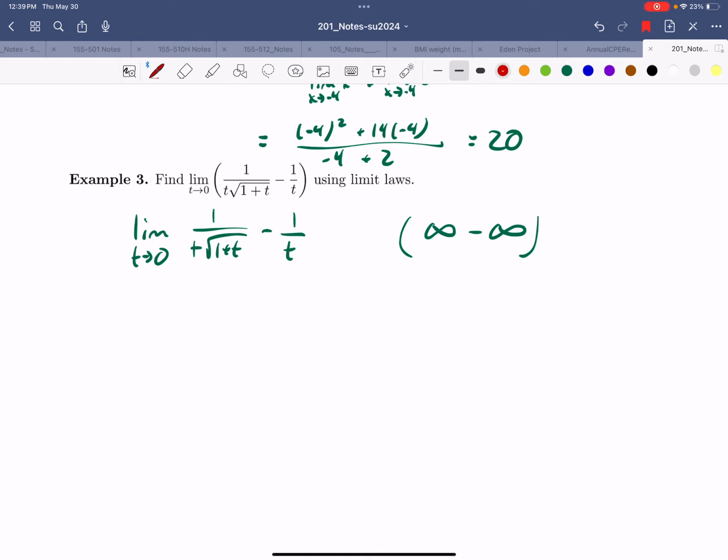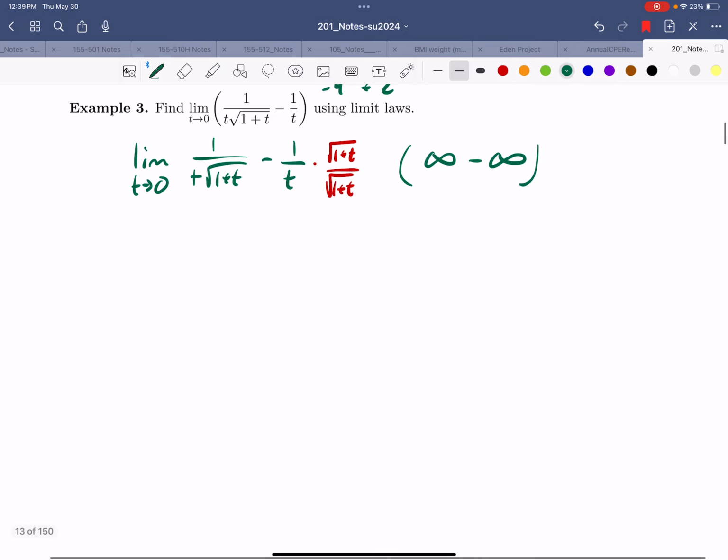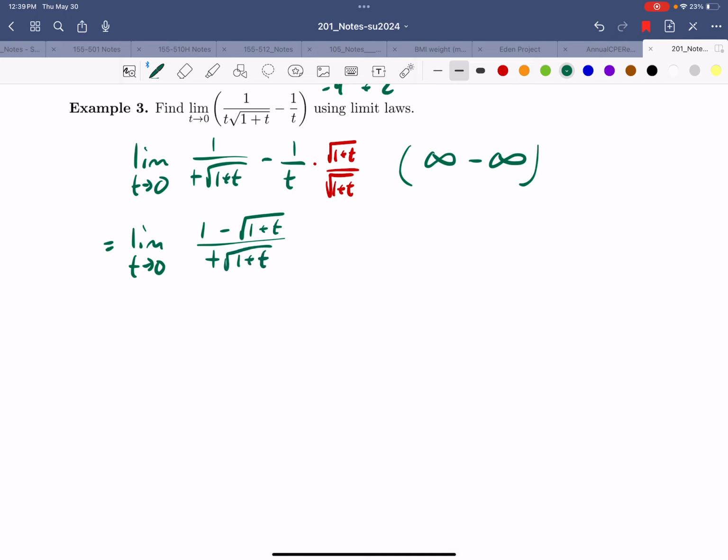So we have to get this in the form of something that does exist, where we can use limit laws. So what we're going to do here is simplify the fraction by finding a common denominator. Right? So when we simplify that, we're going to get 1 minus root 1 plus t all over t root 1 plus t.